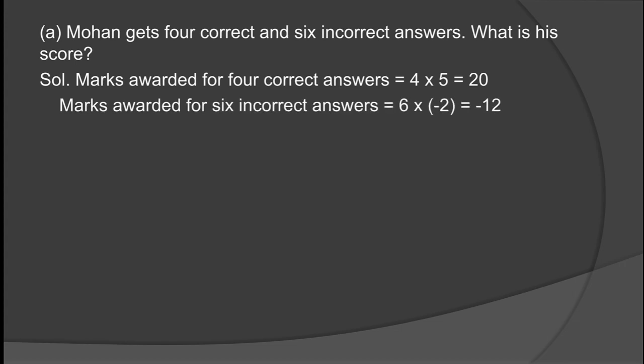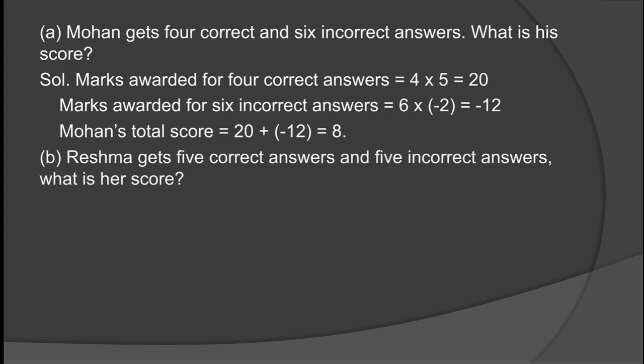And marks awarded for 6 incorrect answers is 6 into minus 2, because every incorrect answer is minus 2 marks. So 6 into minus 2 is equal to minus 12. So what is the total score? Total score of Mohan is equal to 20 plus minus 12, which comes out to be 8. Hence we can say that Mohan gets a total score of 8.